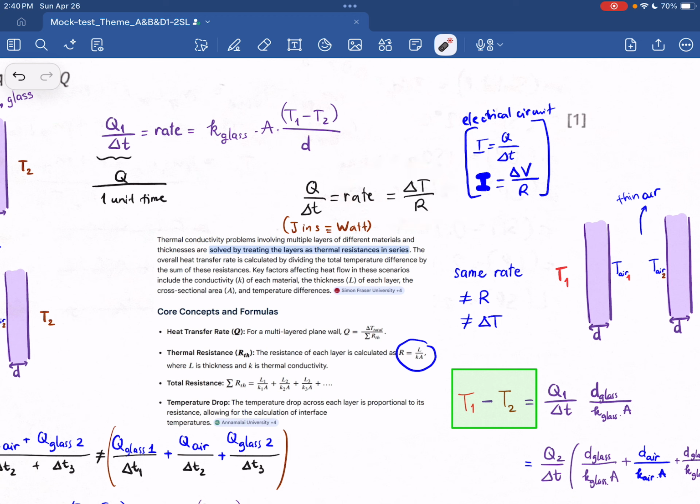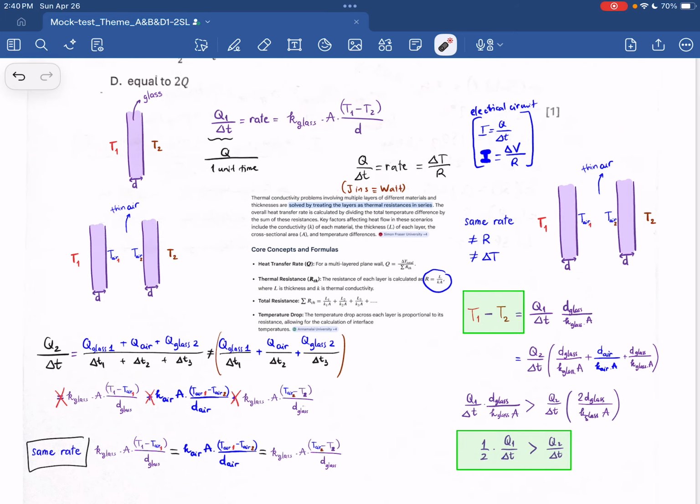So basically you have the rate equal to the total drop in temperature over R, the thermal resistance, and R will equal the thickness over the conductivity and area. So this is the thermal resistance. If we want to find the total resistance, we just add them together through different layers.